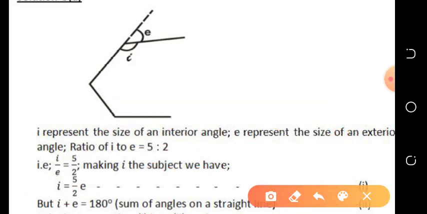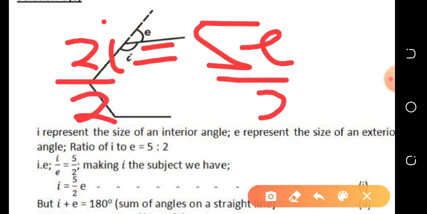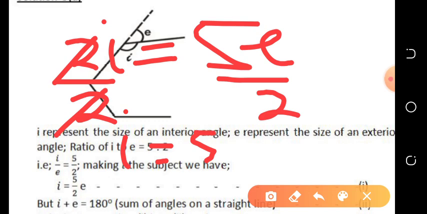Moving on, in 2I equals 5E, what do you do to make I stand alone as the subject? You divide both sides by 2. Divide both sides by 2, 2 cancels 2. You now have I equals 5/2 E.